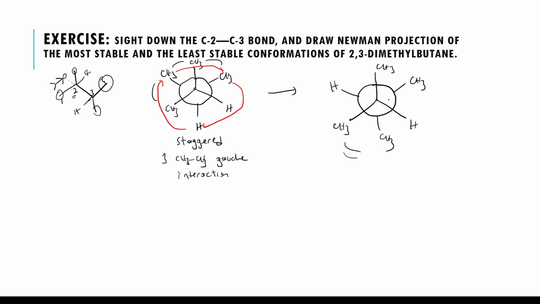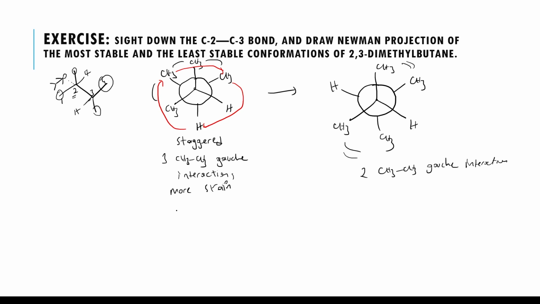Here we have a methyl-methyl gauche interaction, and here we have another methyl-methyl gauche interaction, and in total we have two methyl-methyl gauche interactions. So the first one had three gauche interactions. The second one has two. So for that reason, the first conformer has more strain.